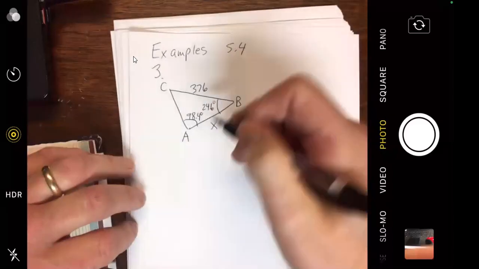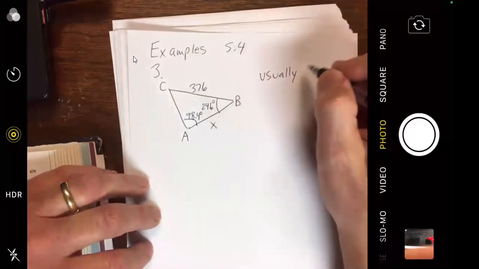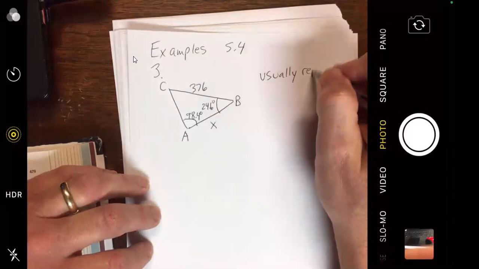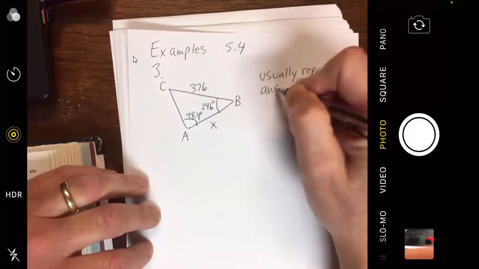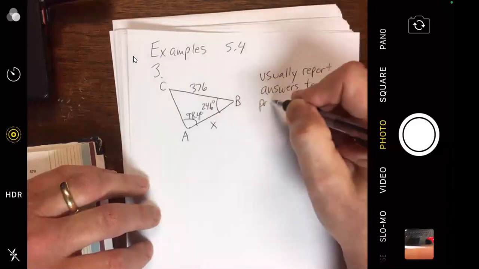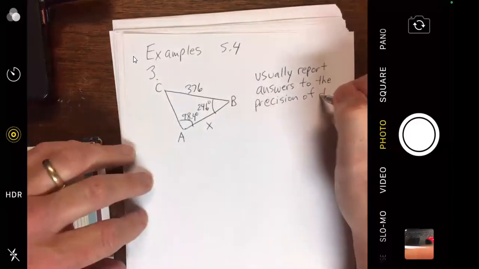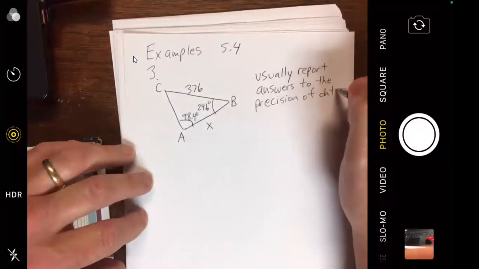And one other thing, they usually report answers to the precision of the data in the problem.